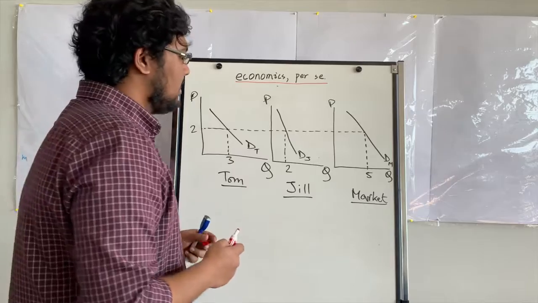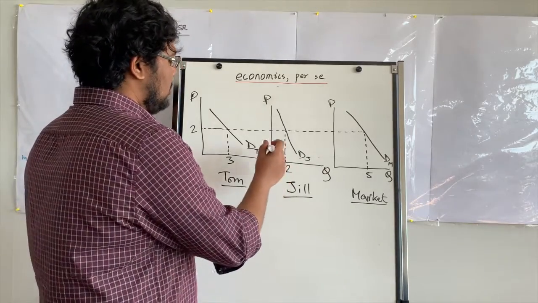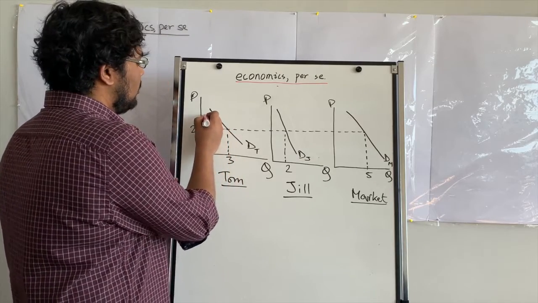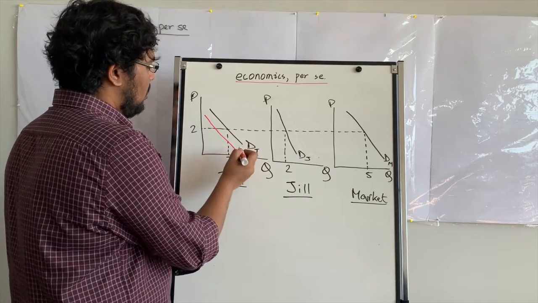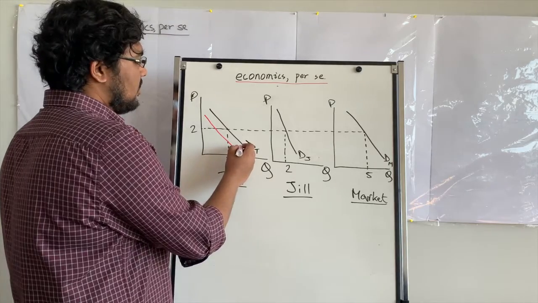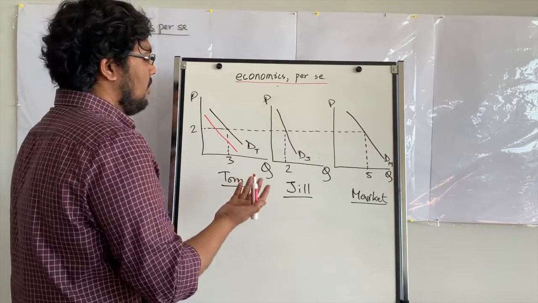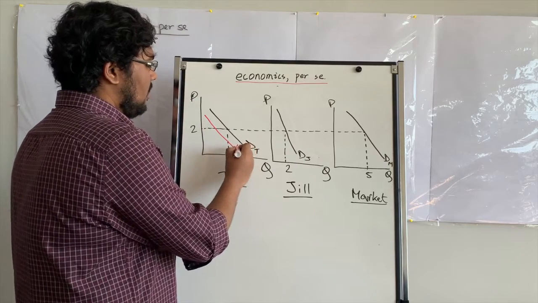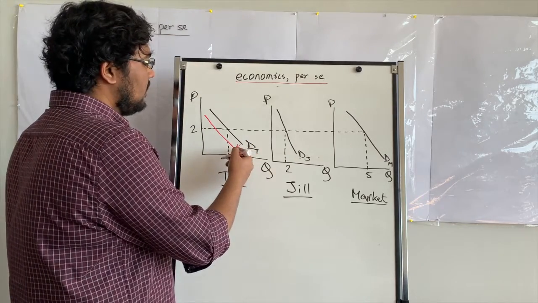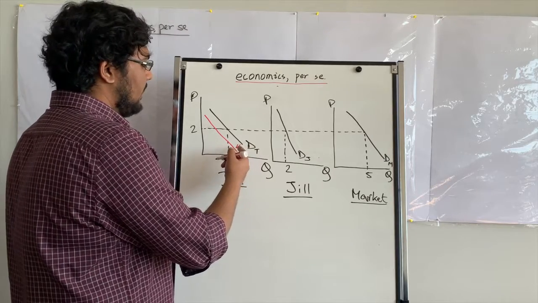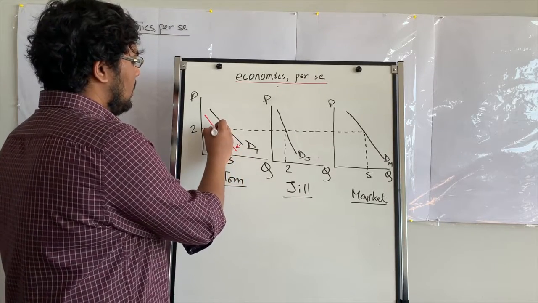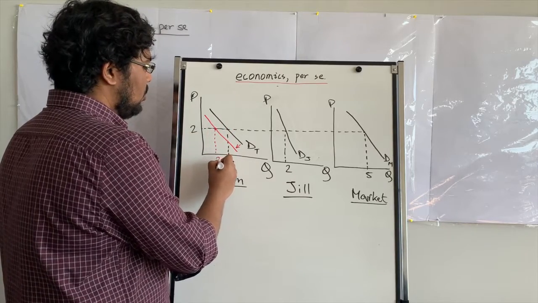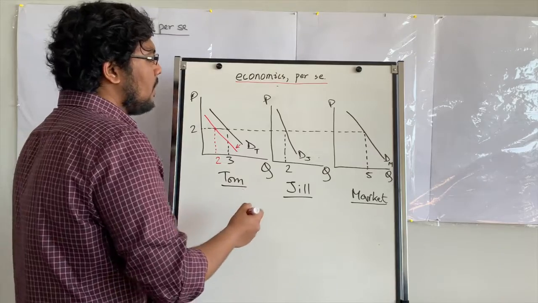Now, let's say that Tom decreased his consumption because, let's say, his income fell. So his demand curve would shift leftward, where he is consuming, let's say, 2 kilograms of apple now.